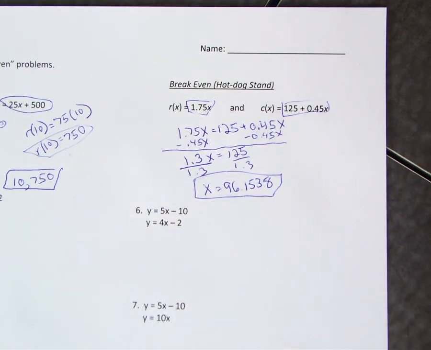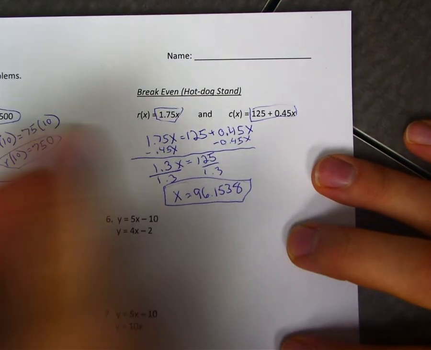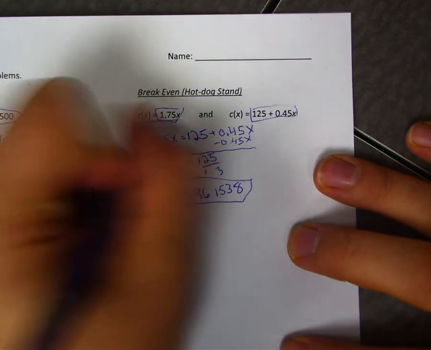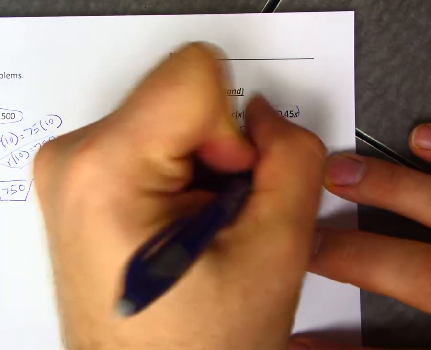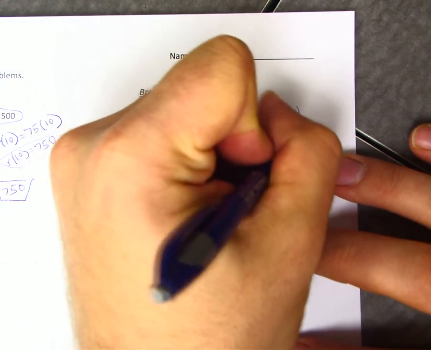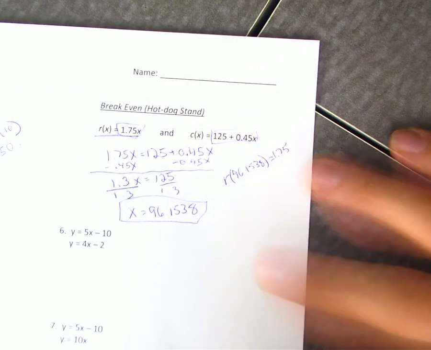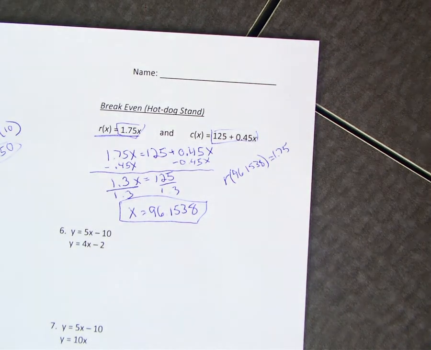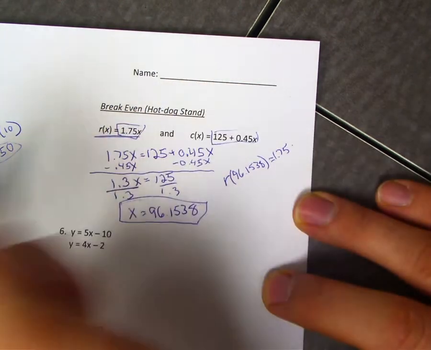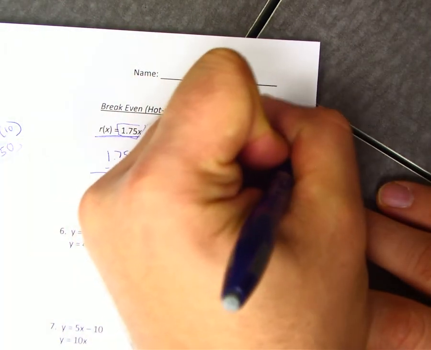You can't sell 96.1538 hot dogs, but we are going to use this number to figure out what our revenue and cost would be. So I'm going to take, again, the revenue because it's an easier one. R of 96.1538 equals 1.75 times 96.1538.